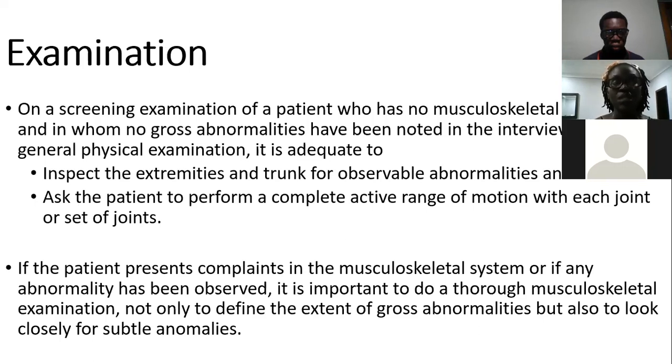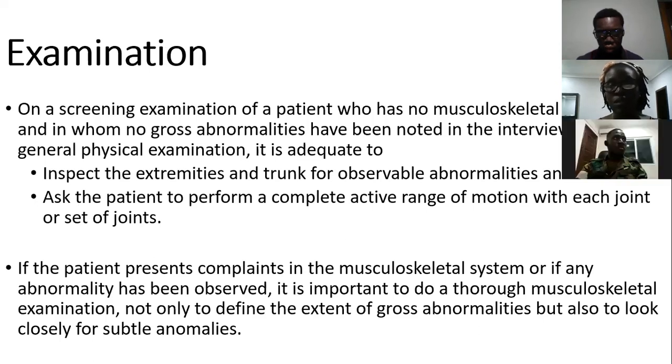So on a screening examination of a patient who has no musculoskeletal problem and in whom no gross abnormalities have been noted, it is enough to just inspect, look at the trunk, and then ask the patient to do active movement of all the parts of all the joints. That's enough. But if the history points to a problem with the musculoskeletal system, then you would want to do a more detailed examination.